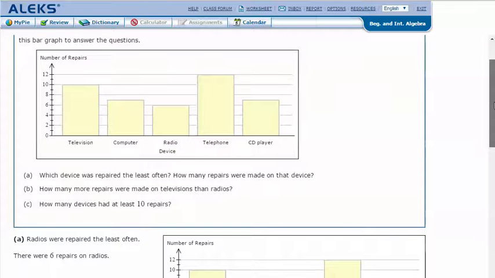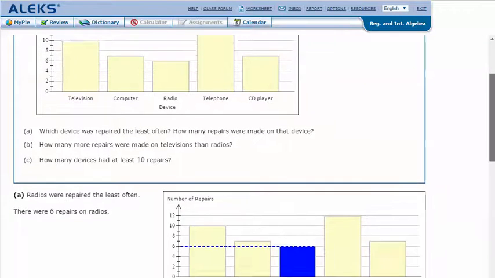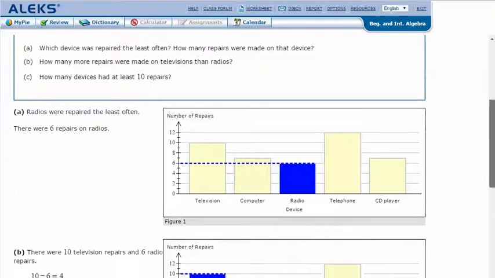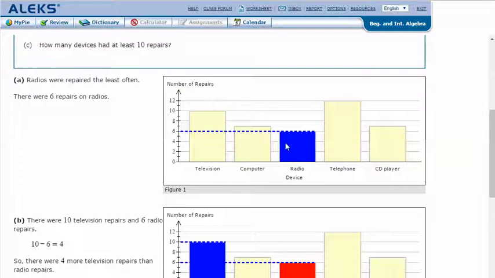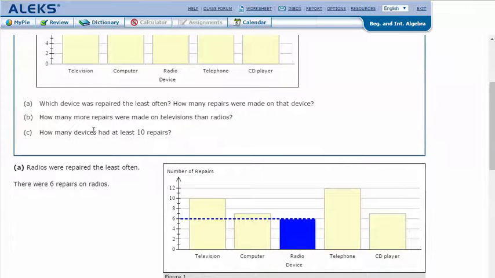So which device was repaired the least often? And how many repairs were made on that device? So the least often is going to be the shortest bar, which is radios, and that was 6 repairs on radios. How many more repairs were made on televisions than radios?